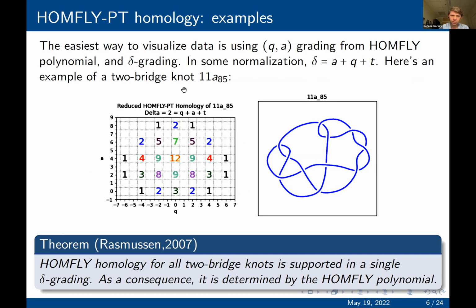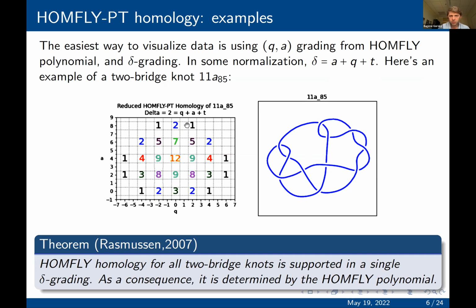So delta grading is fixed to be 2 in this example. The Q grading is horizontal, the A grading is vertical, and these colored numbers are the dimensions of the homology groups that you see. For example, in Q degree 0, A degree 4, you see a 12-dimensional Khovanov-Rozansky homology group. That's the output of this program.